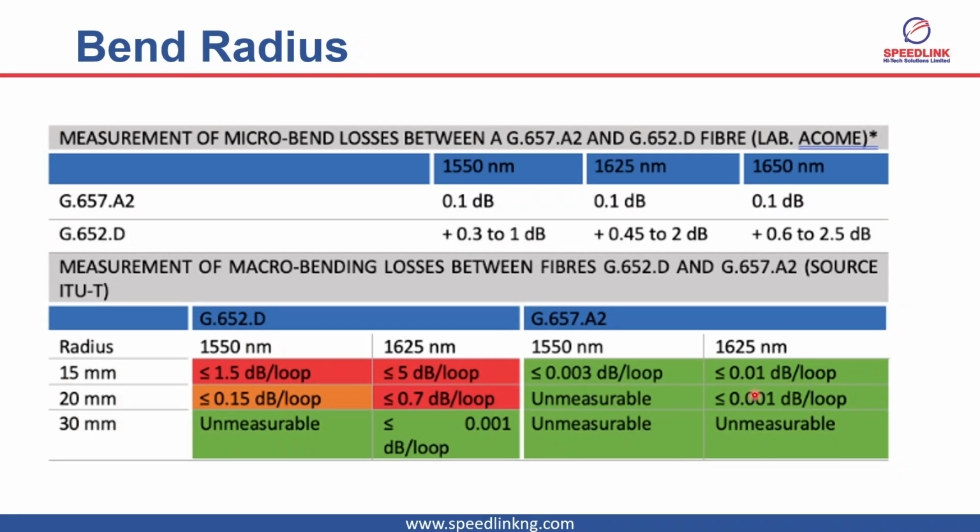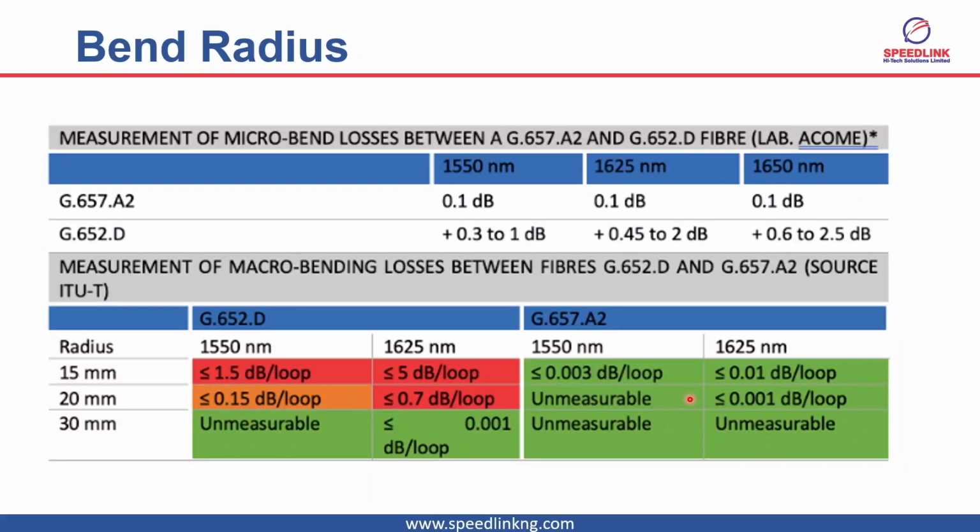So there is no need for measuring that kind of loss. But if it's at 1625 nanometers of wavelength, it's at 0.001 dB, right? Then when you go up to 30 millimeters, you can't measure them, or we can't write them down here, right?